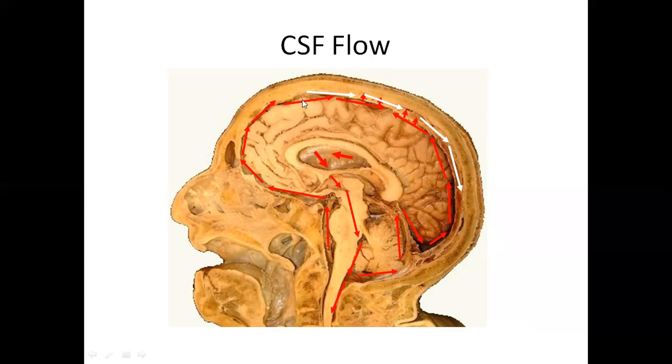Below the arachnoid mater, we have a space called the subarachnoid space, and in it we have CSF. Inside the ventricles also, the lateral ventricle, third ventricle, and fourth ventricle, we have CSF, cerebrospinal fluid.